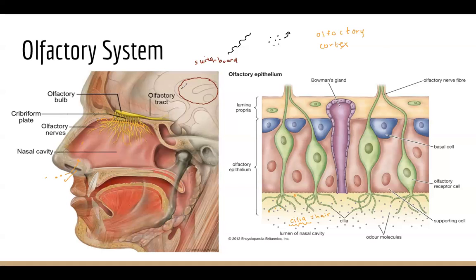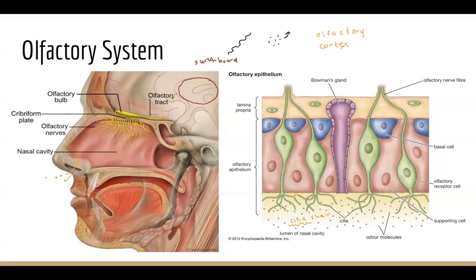However, your olfactory system is so unique that it doesn't go to the thalamus. It goes directly to the olfactory cortex, which is really important. It's a really common question in all anatomy competitions: which sense does not go to the thalamus to be processed? Your answer will be your olfactory system.